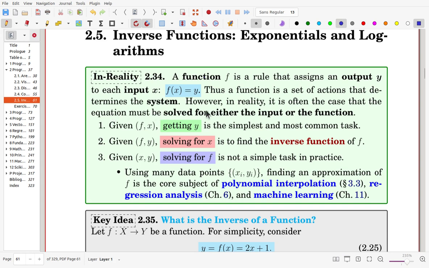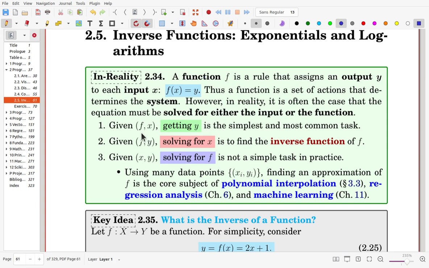However, in reality, it's often the case that the equation must be solved for either the input or the function. There are three kinds of problems in the world. Out of these three, f, x, and y, two of them can be given.